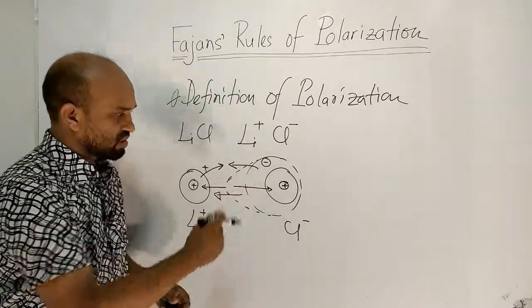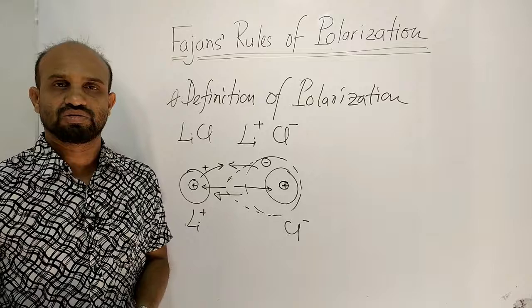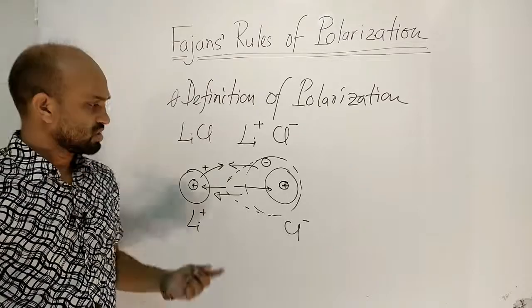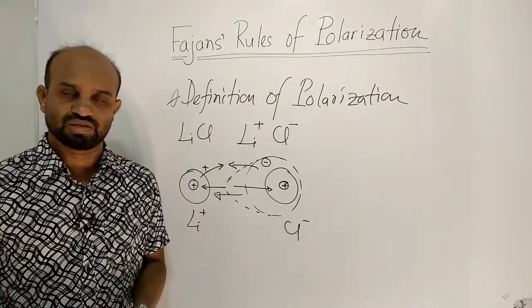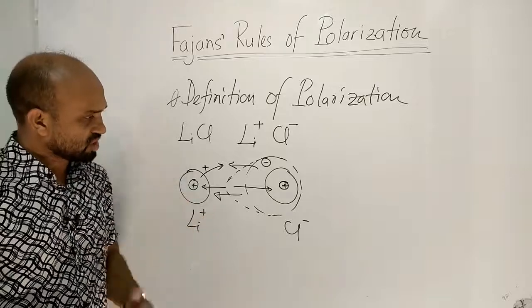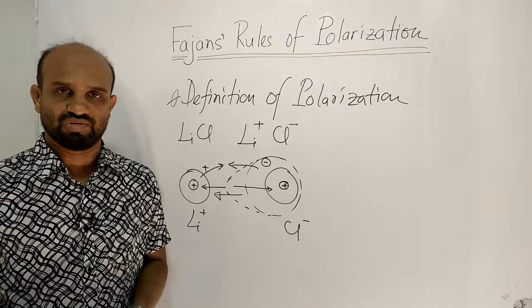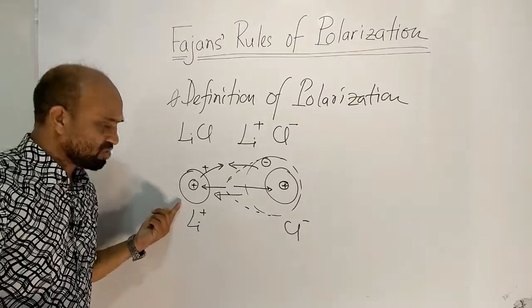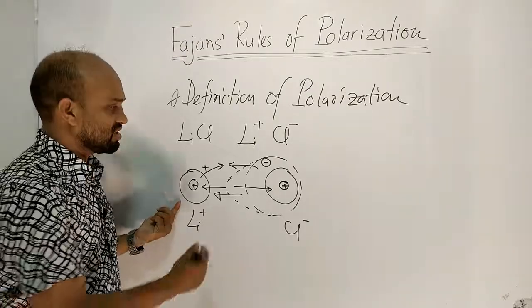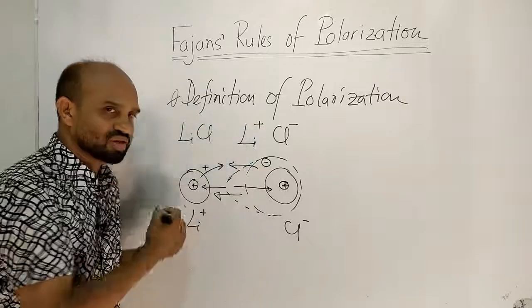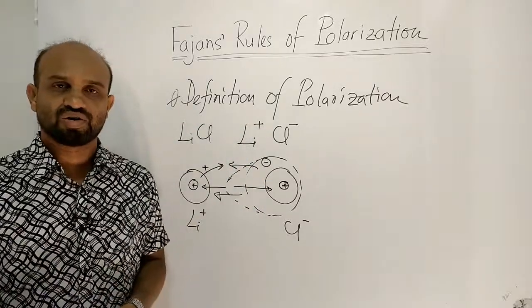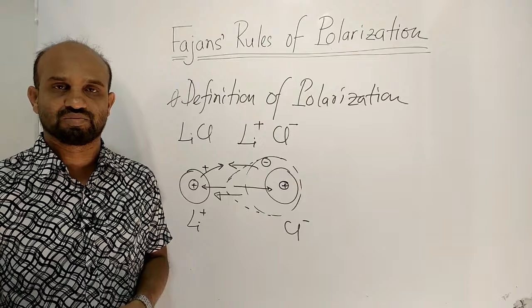This movement of anion's electron cloud towards cation is called polarization. And after polarization, the molecule is called polarized molecule. And the power by which cation attracts this electron cloud towards itself, this is called cation's polarizing power.